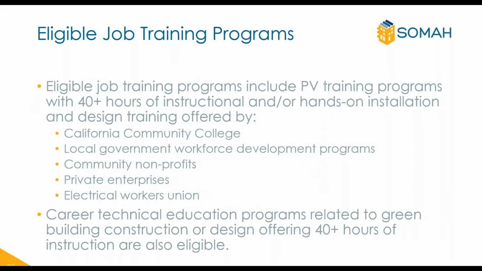Eligible job training programs include community colleges, local workforce development programs, nonprofits, private enterprises, and electrical workers unions that offer a minimum of 40 hours of instructional or hands-on photovoltaic installation and design training. Career technical education programs that focus on green building construction or design with 40 or more hours of instruction are also eligible.